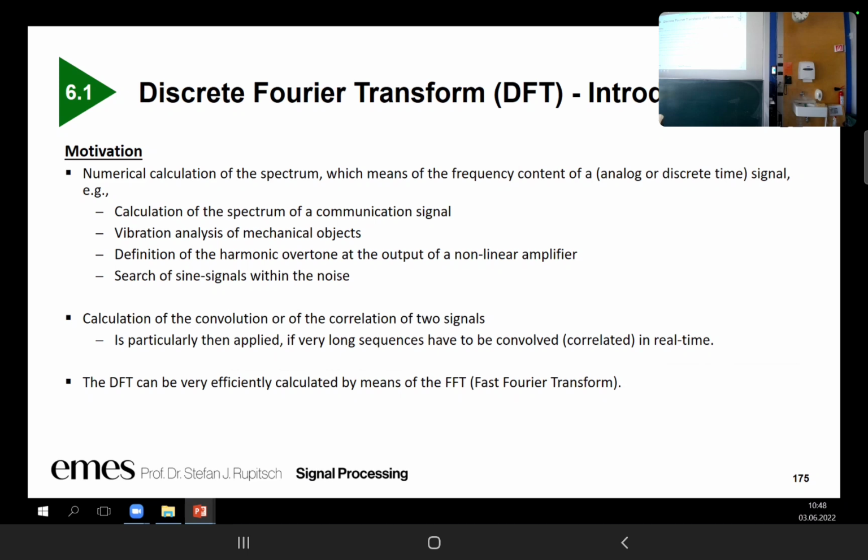If we search for sine signals in noise, then we always perform the Fourier transform. And in our case, we perform the discrete version of the Fourier transform.